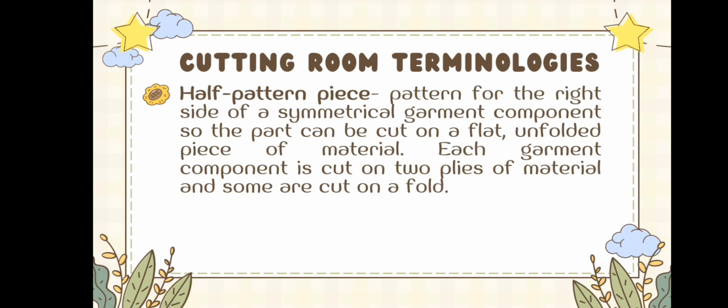Pattern for the right side of a symmetrical garment component. So the part can be cut on a flat and folded piece of material. Each garment component is cut on 2 plies of material and some are cut on a fold.